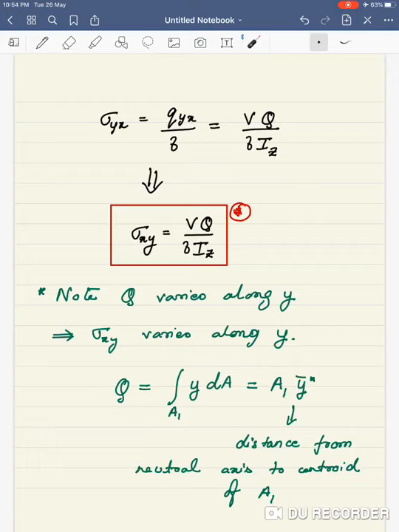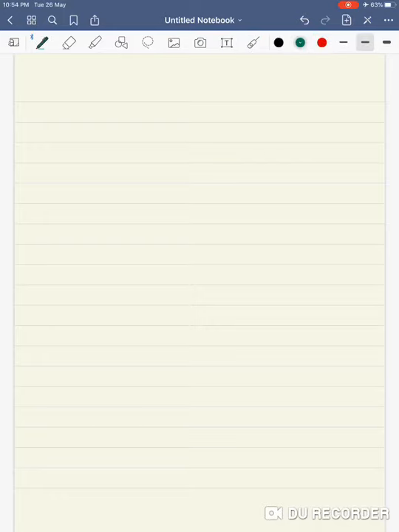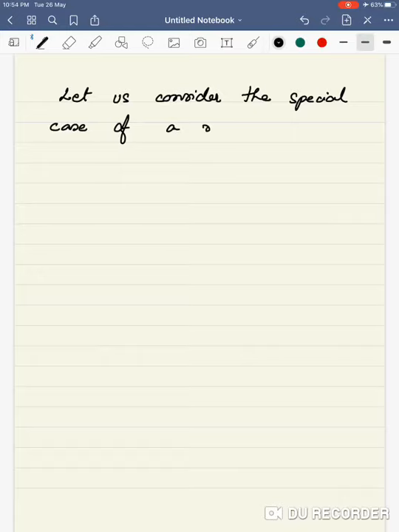So let us now, armed with this, consider the special case of a rectangular beam.